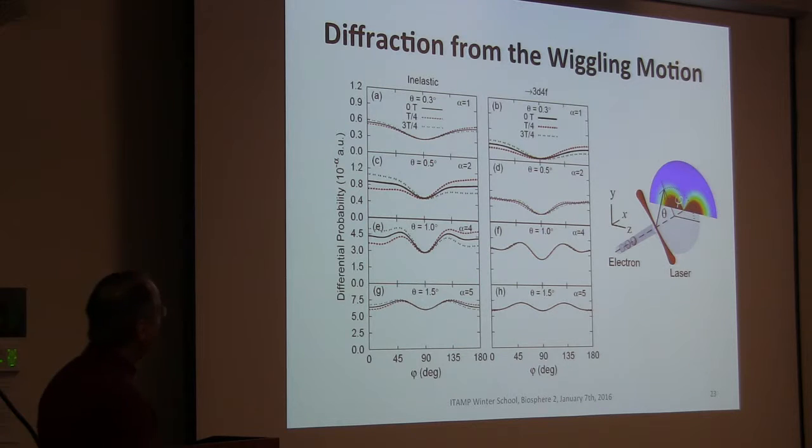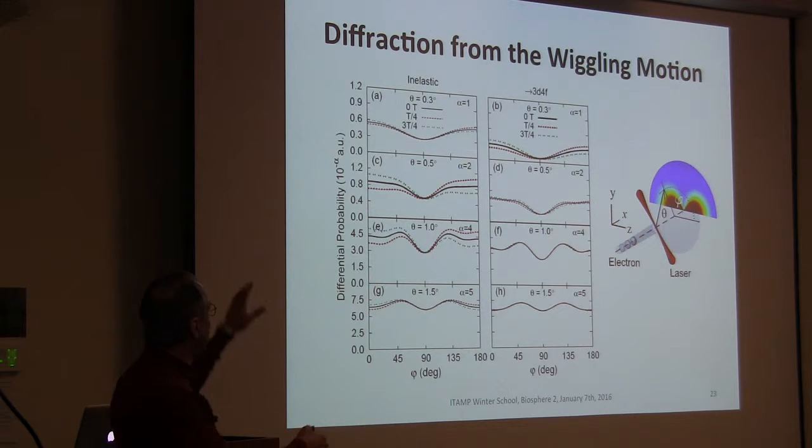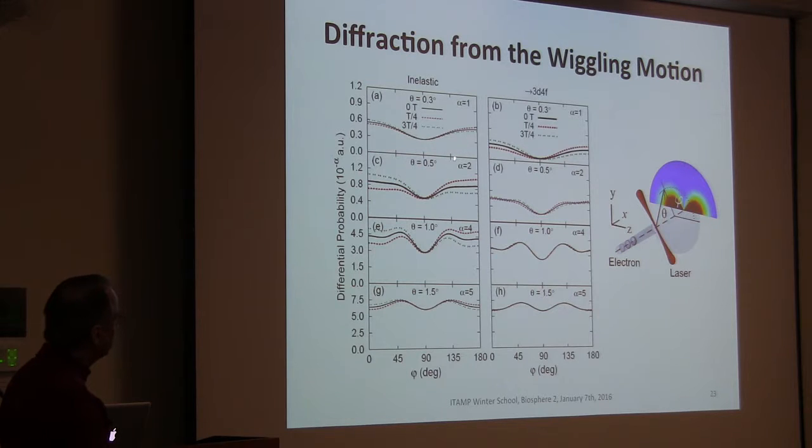Let me show you how you would observe it in the full inelastic result. You take an angle theta that's away from most of the inelastic stuff and integrate over phi. That's what this gives you. And you can see here, theta equals half a degree. You integrate over phi.